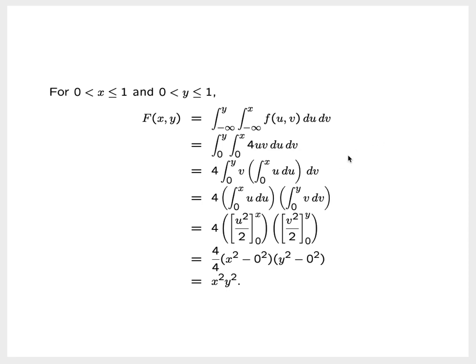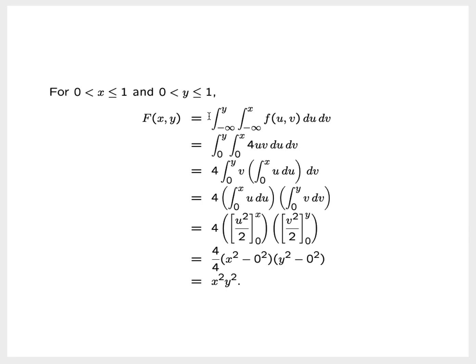All right. So you can see here that when we do this, this is the definition. This is how we calculate the CDF evaluated at a point x and y, where x is greater than 0, less than or equal to 1, and y is greater than 0, less than or equal to 1. So the point x, y is in the sample space of the bivariate random variable.